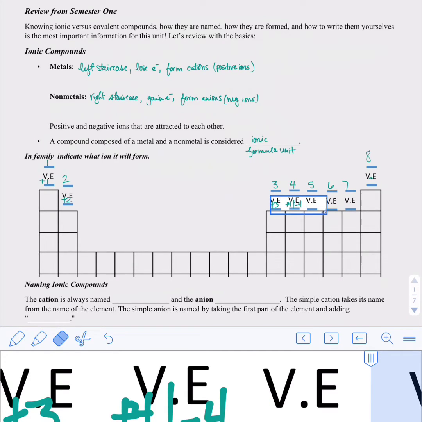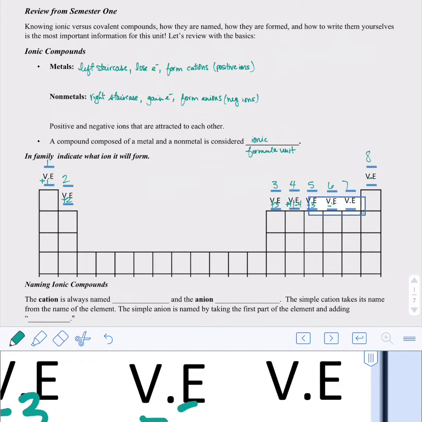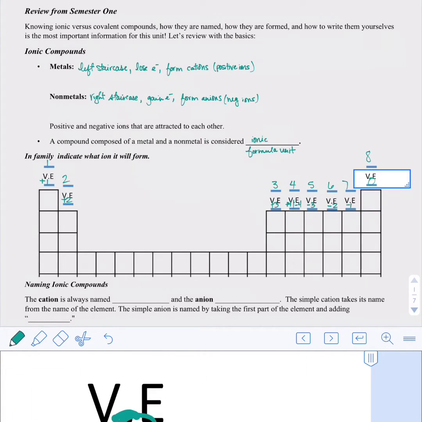This group will gain 3 because it already has 5 valence electrons. So when it gains 3, it'll be a -3 charge. Gain 2, gain 1, and of course all these are neutral because they have their octet. Okay, so don't forget about those when we start talking about ionic compounds. You have to know the charges of the elements in the periodic table.